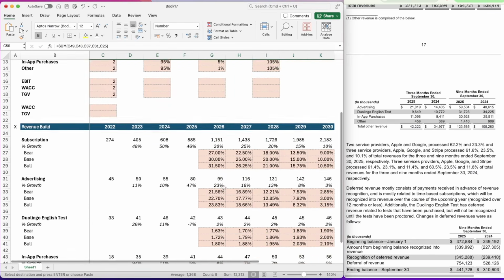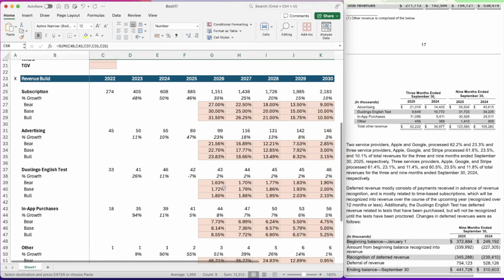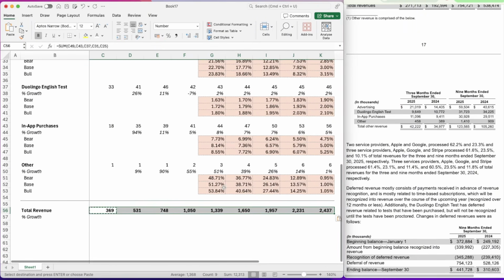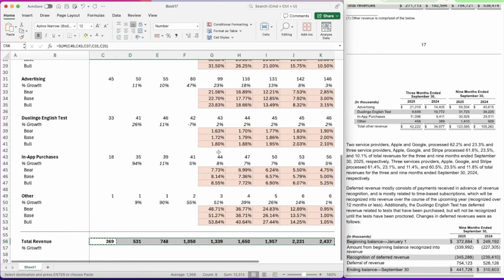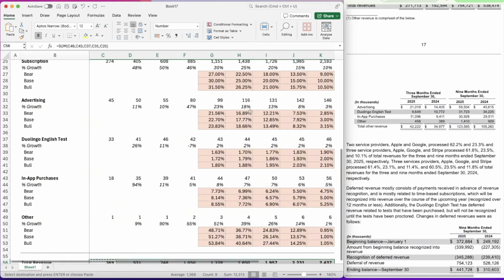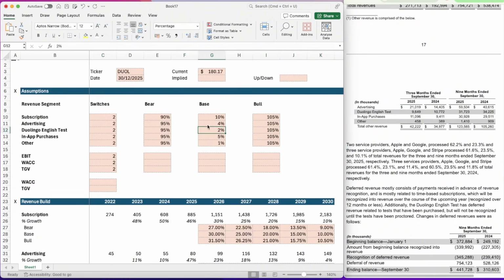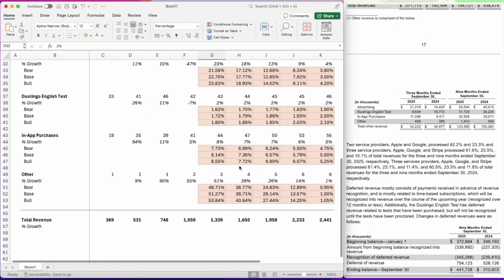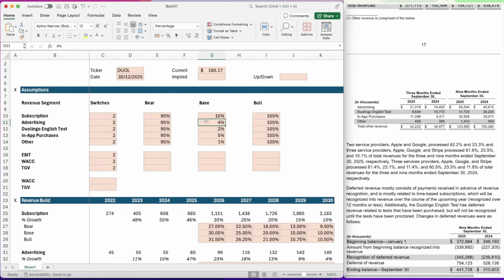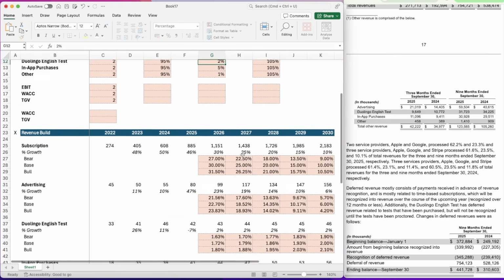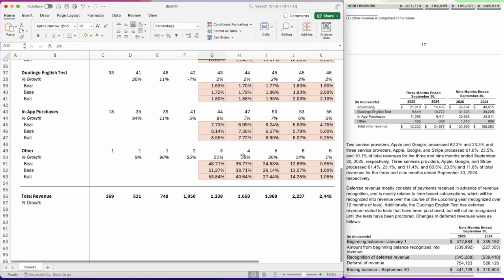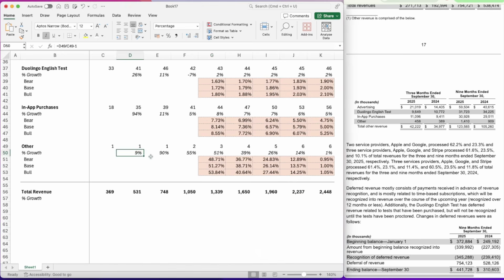Yeah, I mean, we've got that at about 2.5 billion, which is, I think, what analysts are estimating for the company. I think advertising, let's just increase that to 4%. Yeah, happy with that.